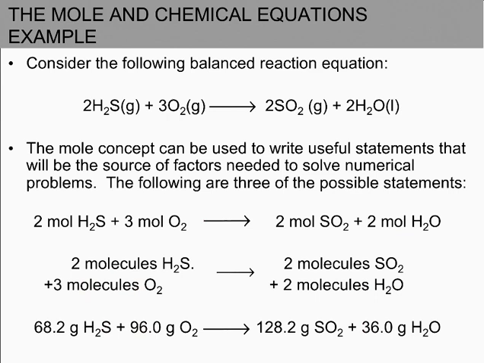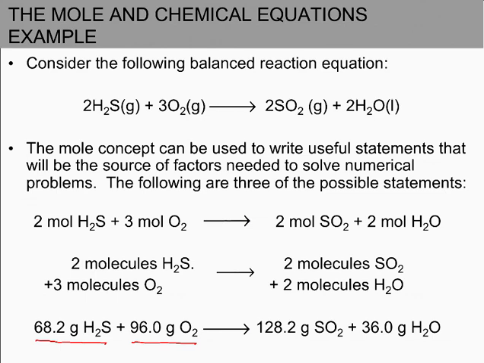Or maybe we want to write this in terms of mass. So if we have 2 moles of H2S, that is equal to 68.2 grams of H2S. If we have 3 moles of oxygen, that would equal 96 grams of oxygen.